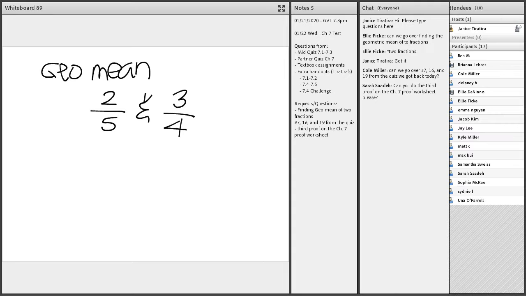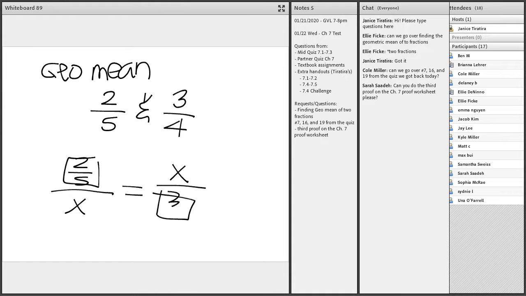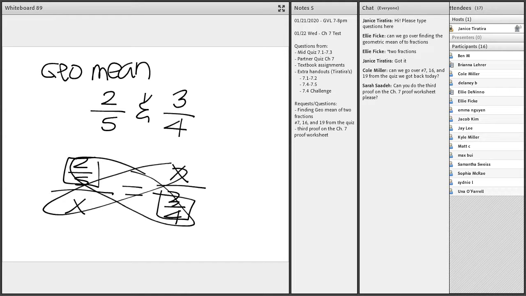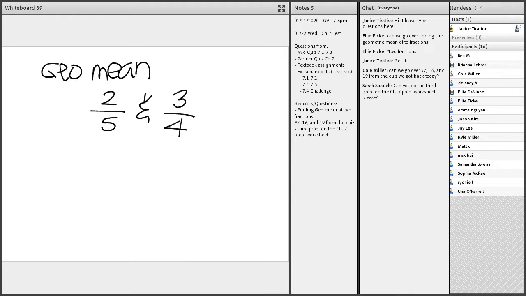I'll show you the easy way in a little bit, but the official way is you place your number, then x on top, so that's a ratio, equal to x over your other number, 3 over 4. If you notice, you're going to cross multiply and end up with a faster method. So that's the official geometric mean, but the real cut to the chase is this.